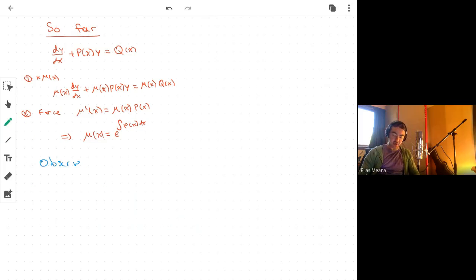that if we take the derivative mu prime, this would be e to the integral of p of x, times the derivative of the integral, so times d by dx of the integral, which is just p of x. I know this looks really ugly.